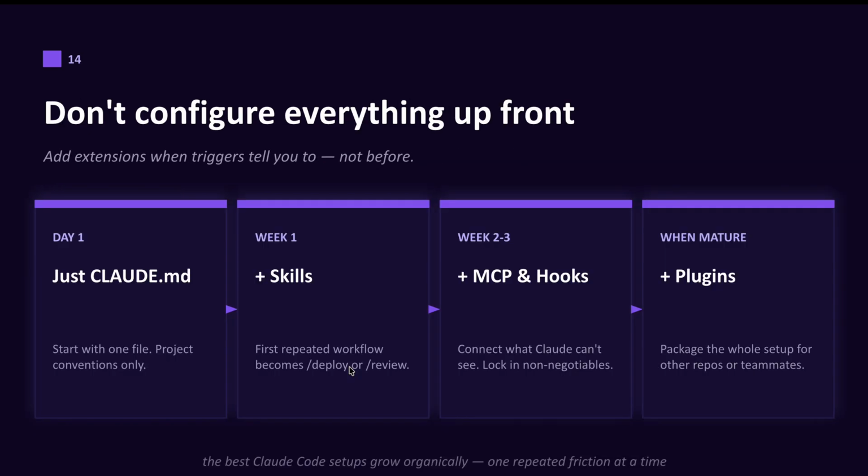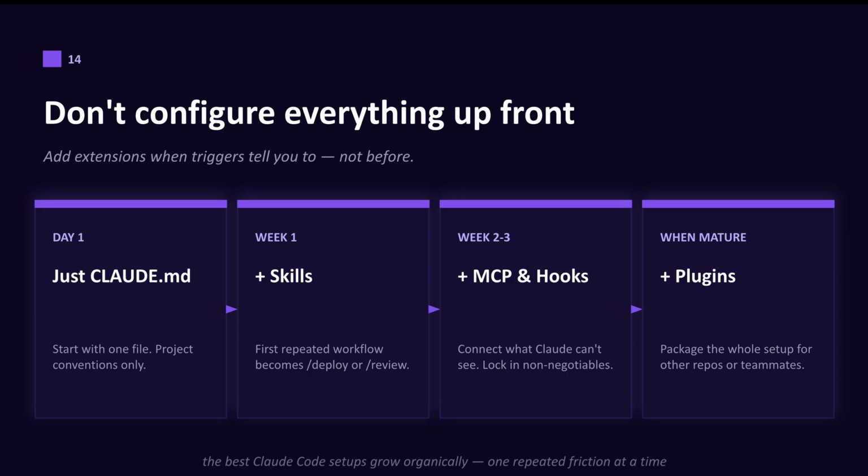Now, one last bit of advice, don't try to set all this up on day one. Day one, just Claude.md. Start with a single file, project conventions only. Week one, add your first skill, probably your most repeated workflow, slash deploy, slash review.